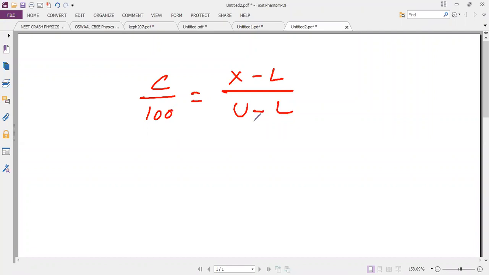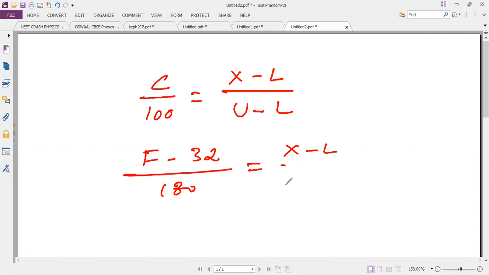For Fahrenheit, F minus 32 divided by 180 is equal to x minus L divided by U minus L. U refers to the upper fixed point, L is the lower fixed point, x the faulty thermometer reading.